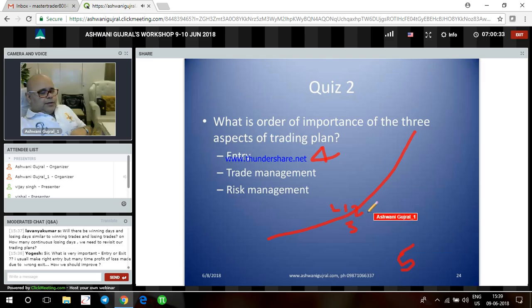Light, light, medium, heavy. This is not the place you should be buying. The same applies to the 200 or any other average.